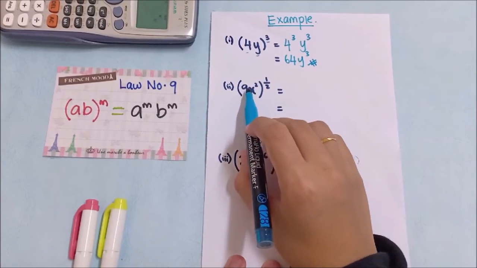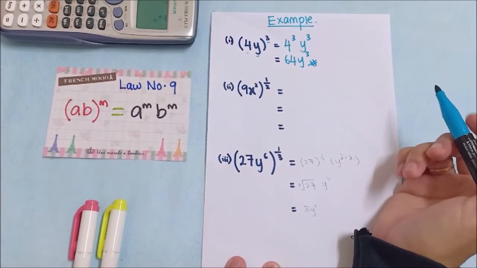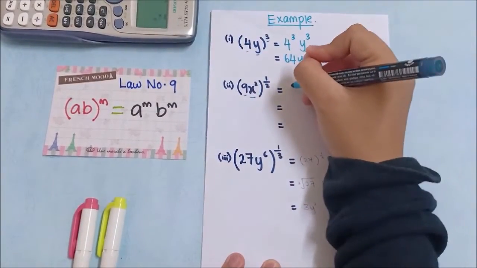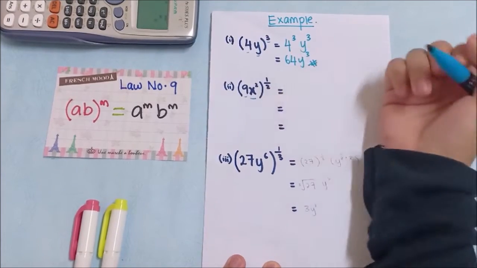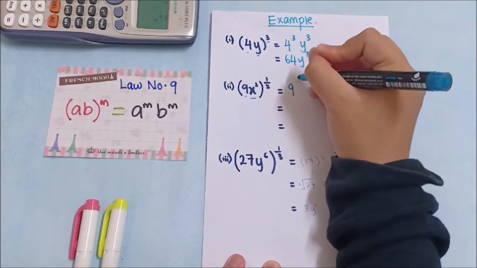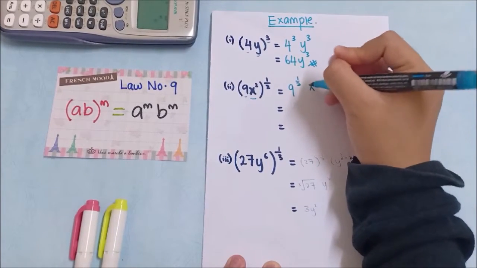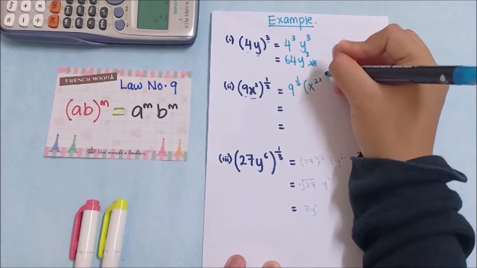Second example, (9x^2) in a bracket to the power of half. So we have two terms here. Both of these terms will be raised to the power of 1 over 2. So 9 to the power of 1 over 2 and x squared times 1 over 2.